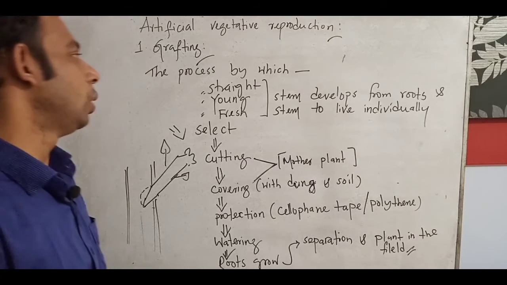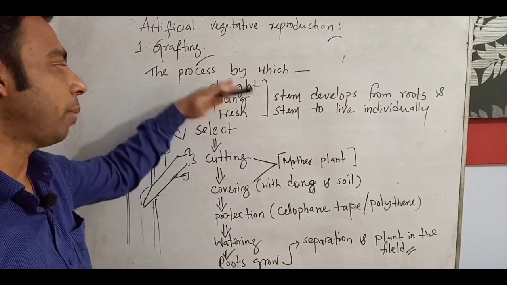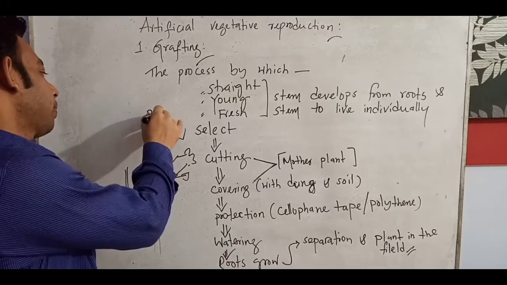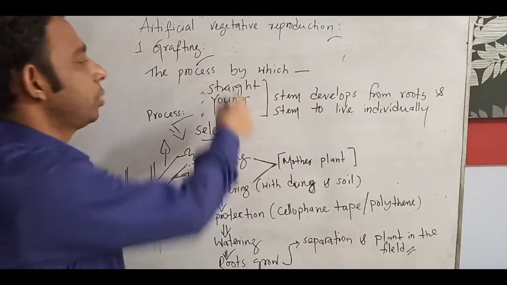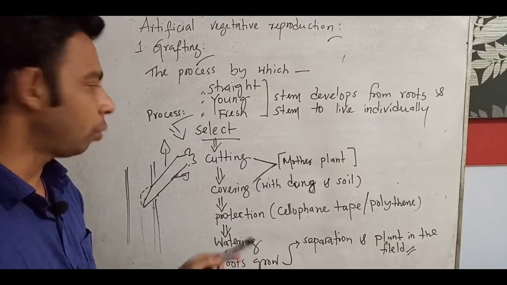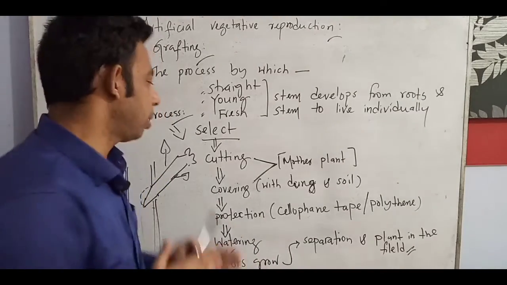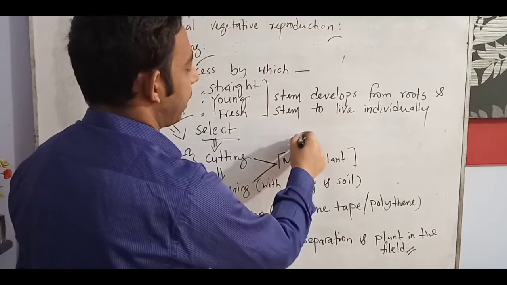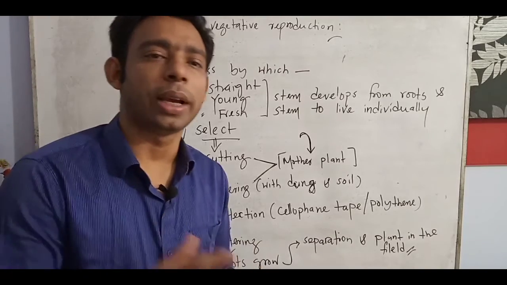Look here. The process of grafting: first, selection. At first we select the straight, young and fresh stem. Then cutting, which needs to be done in the proper way. Then we need to select a mother plant on which we will do the grafting.